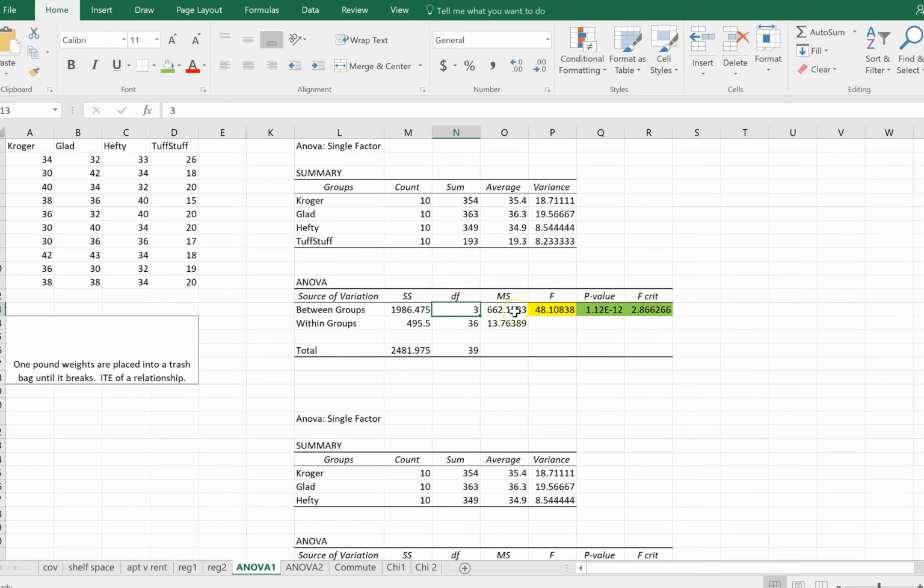The closer the F statistic, the ratio of these two, is to 1, the more I believe that the averages are all the same. But once again, bottom line, this number was well past 1, and that's why I rejected.